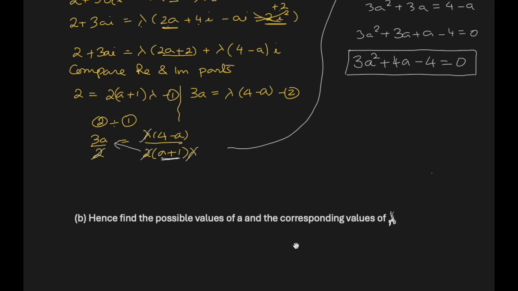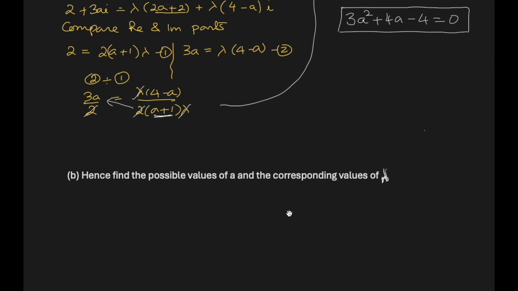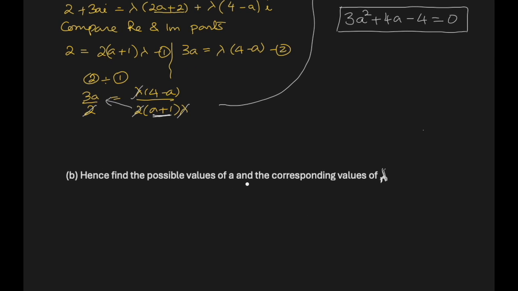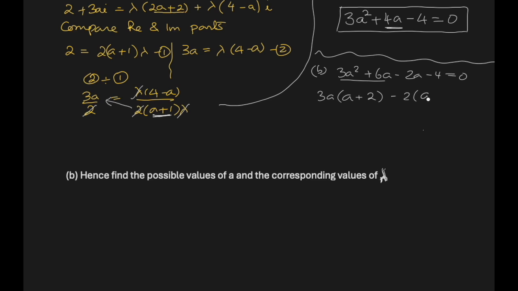Okay, hence let's keep it visible. Hence find the possible values of a. So we'll just solve this one. So our b part starts here. We can split the middle term, right? 4 times 3 is 12, so 6 times 2 is also 12. 3a squared plus 6a minus 2a minus 4 equal to 0. I split this middle term. So 3a is common here, a plus 2 in this, minus 2 is common here, a plus 2.